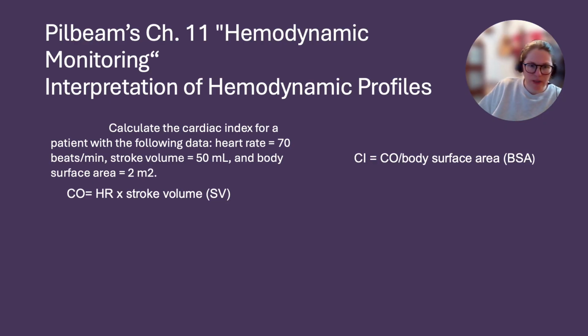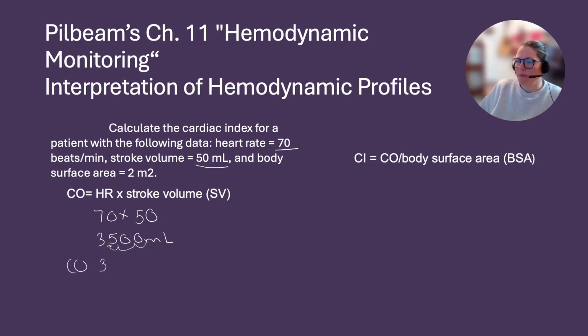So we'll start first with getting cardiac output. Heart rate of 70, stroke volume of 50, and we're in milliliters. And that's going to give us 3,500 milliliters. And we will convert that into liters, just carrying over that decimal.